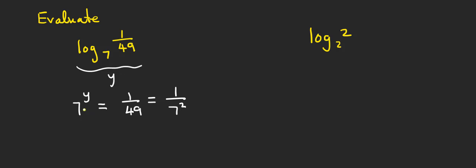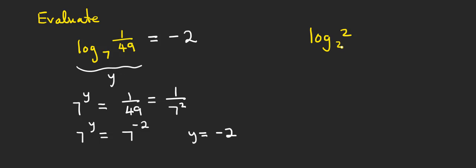So we need to have the same base of 7. So I'm going to write it as 7 to the y equals, now 1 over 7 squared is the same thing as 7 to the negative 2. So now we have the same base of 7. Therefore, y is equal to negative 2. So that means this whole thing is equal to negative 2.